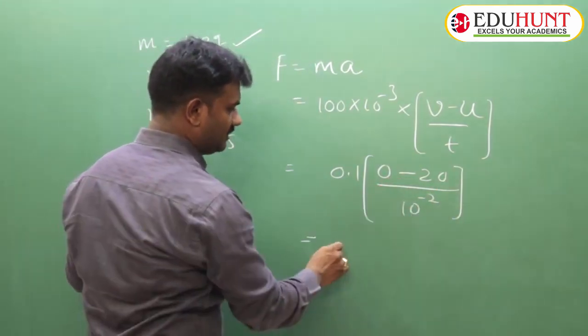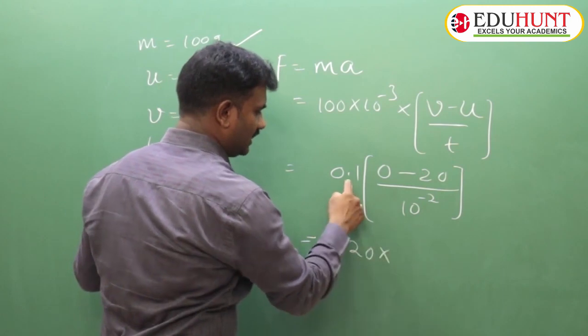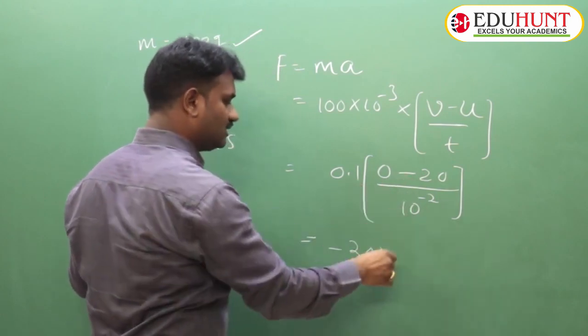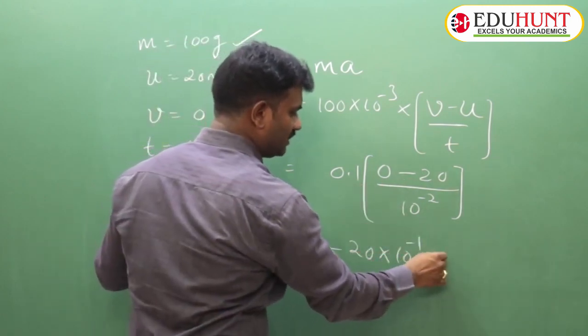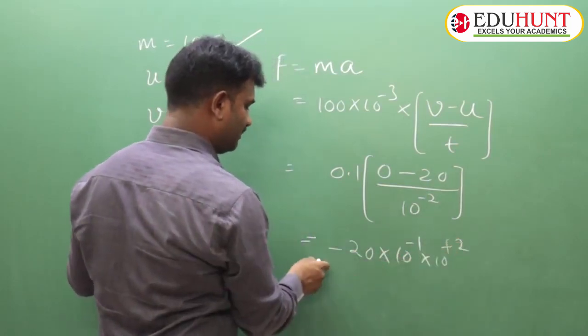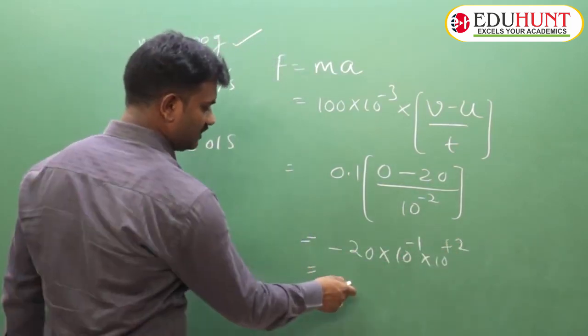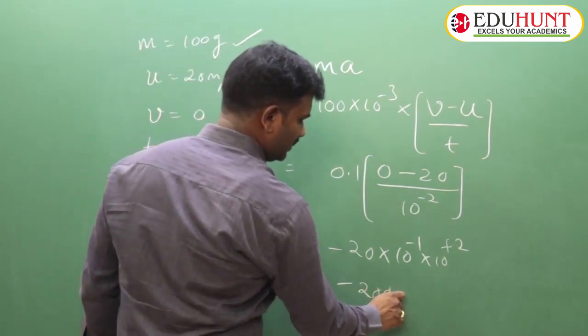So which is nothing but minus 20 into 10 to the power of minus 1, and this goes up to minus 1 into 10 to the power of plus 2. So you simplify this, you will get the answer, which is equal to minus 200 newtons.